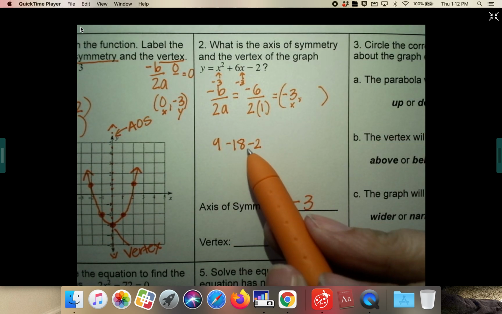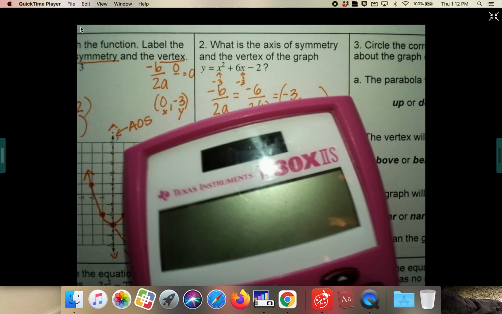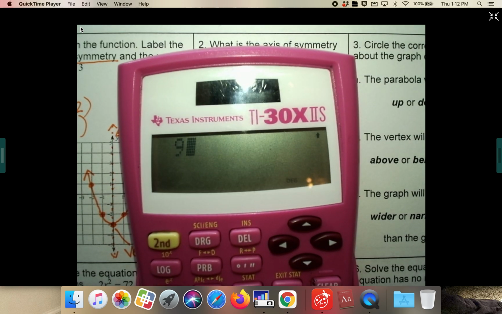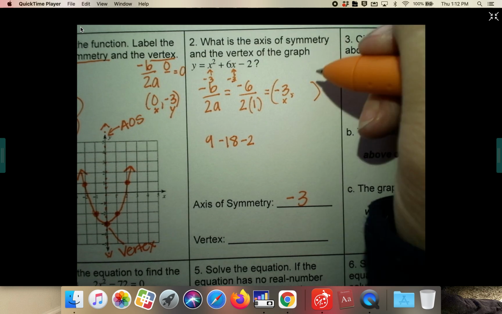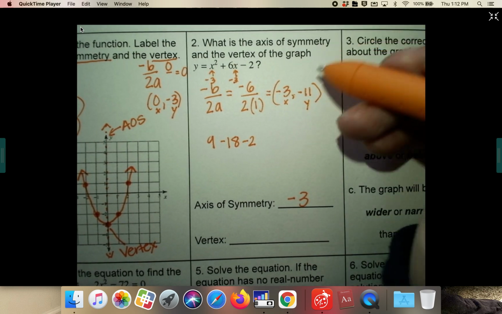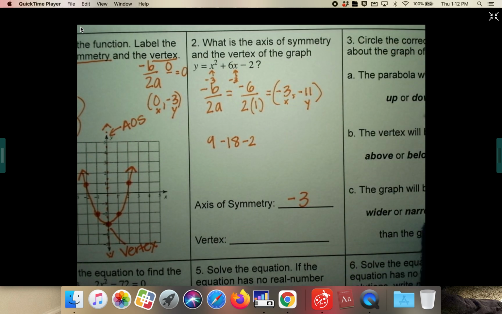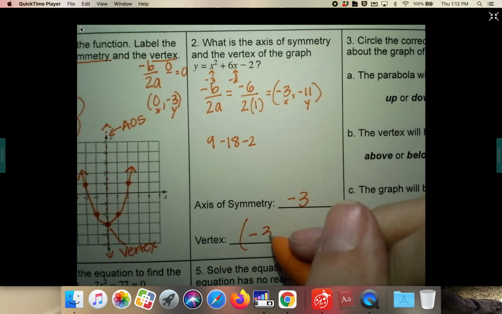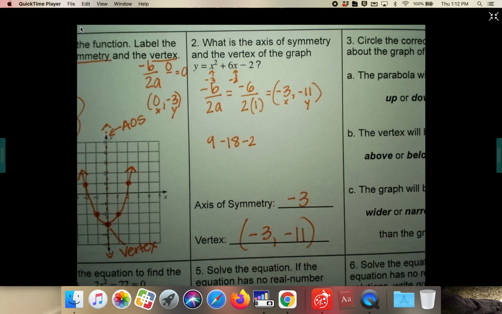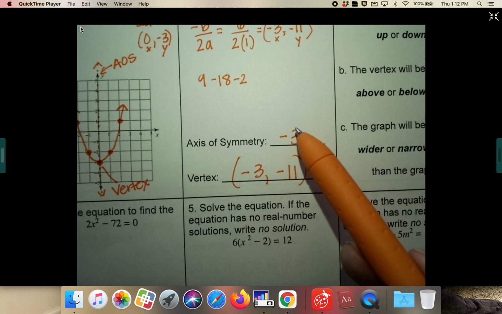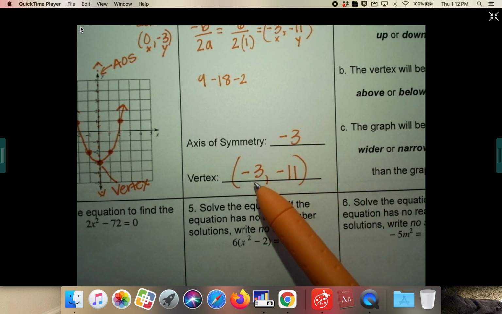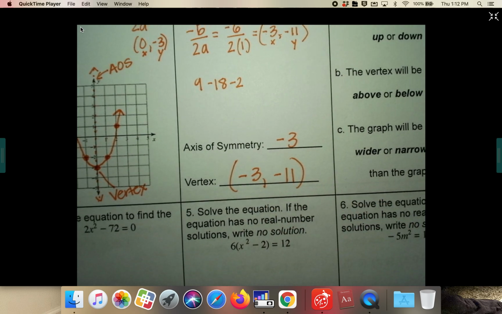So 9 minus 18 minus 2 is negative 11. So my ordered pair for the vertex is negative 3, negative 11. Okay, remember the axis of symmetry should be the x coordinate of your ordered pair.